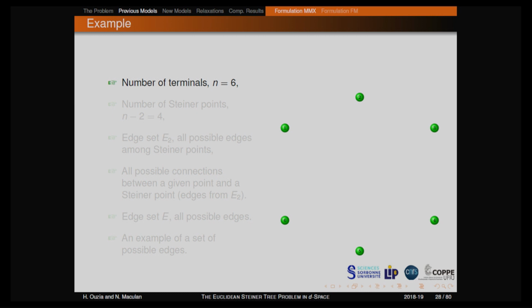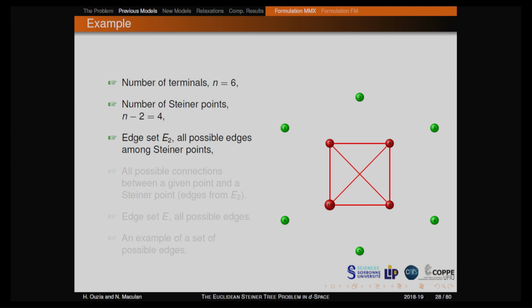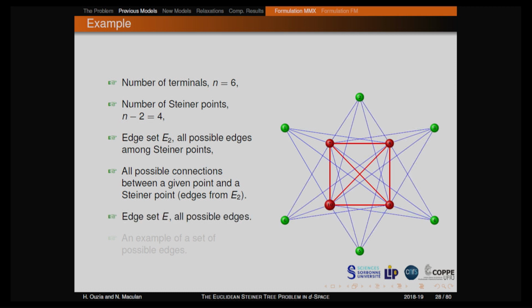Suppose we have n equals 6, and I start with 4 points. I have now to construct the 4 points. I don't know where they are, but I know the maximum number of points I need is 4. I construct a clique with 4 points.